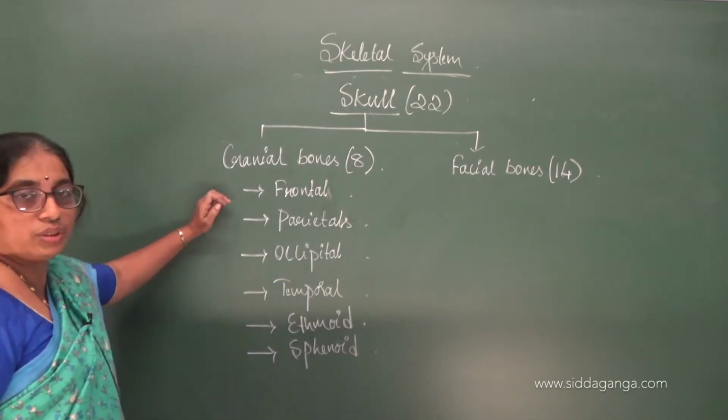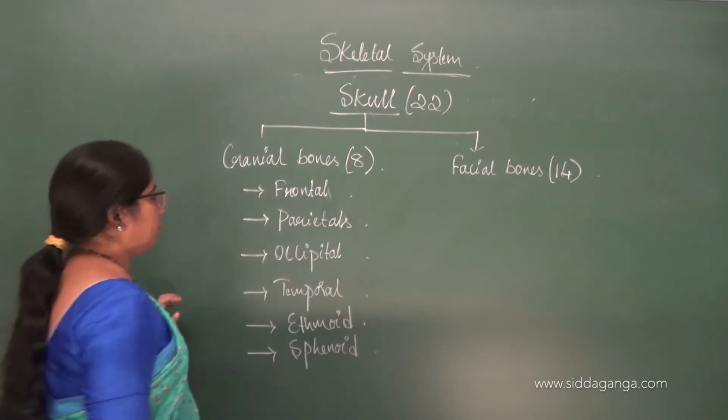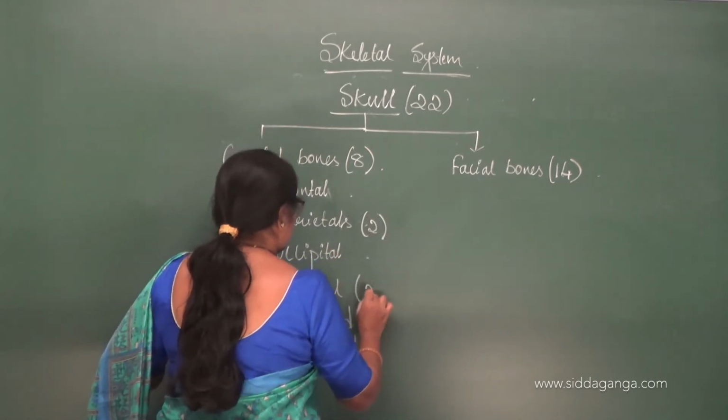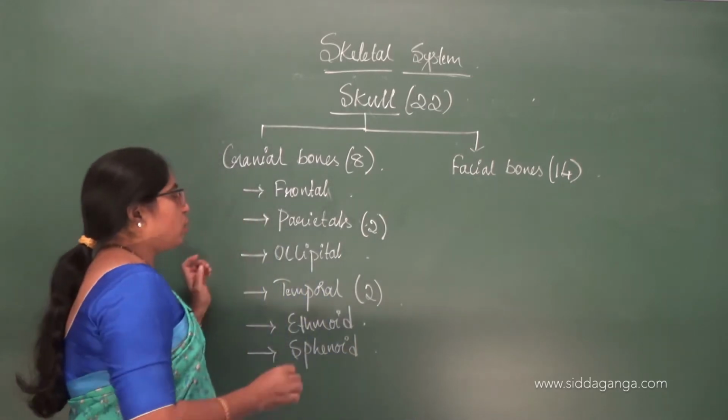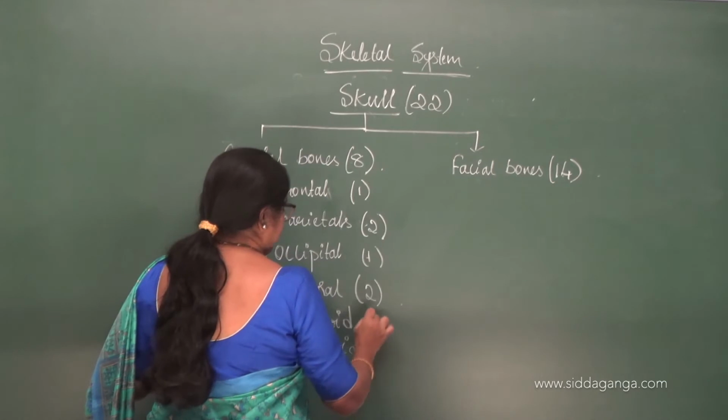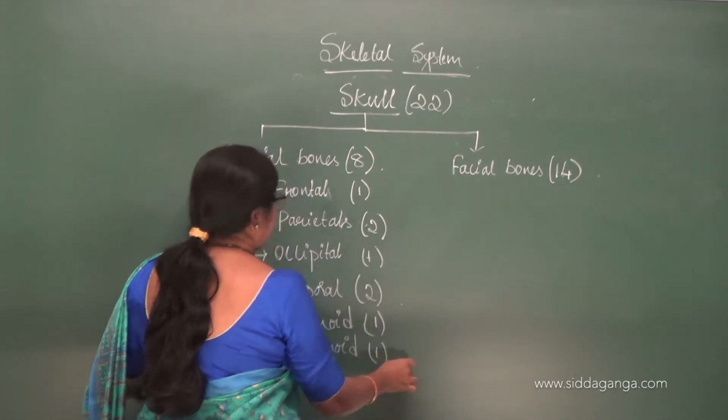So these are the various bones of the cranium, and here there are 2 parietals and 2 temporals. Remaining all, there is only 1 bone each.